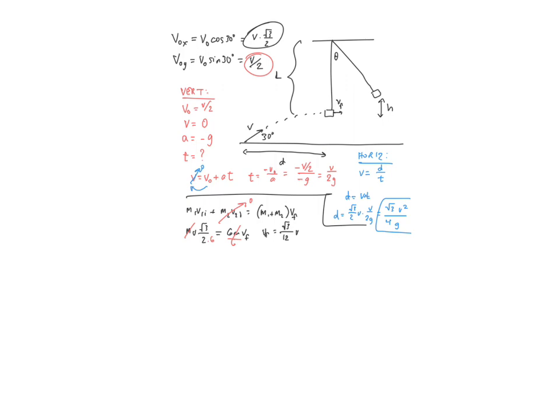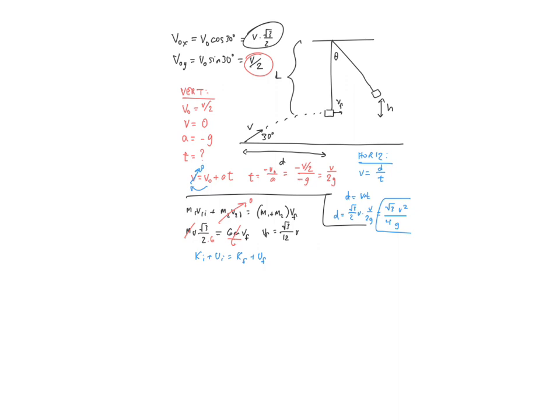Now we've got to do the second part of this, still on the same part, and that is that final velocity from conservation of momentum becomes the initial velocity for the conservation of energy as this block is swinging upward. So setting up a conservation of energy equation, Ki plus Ui equals Kf plus Uf.